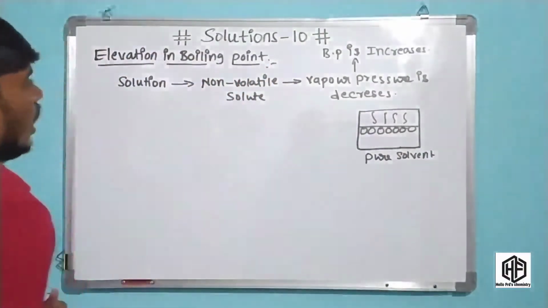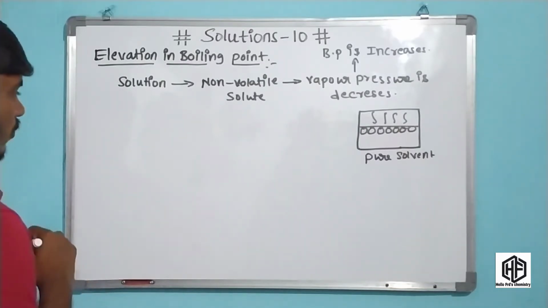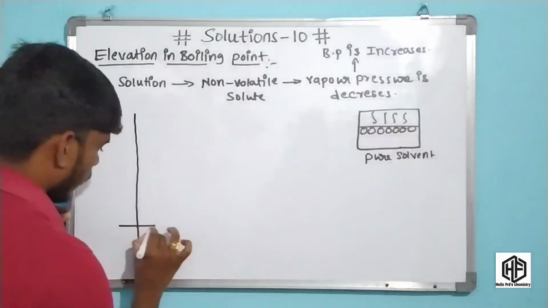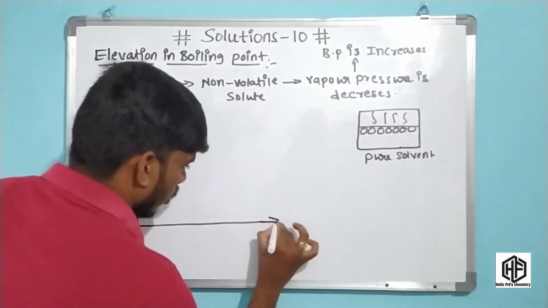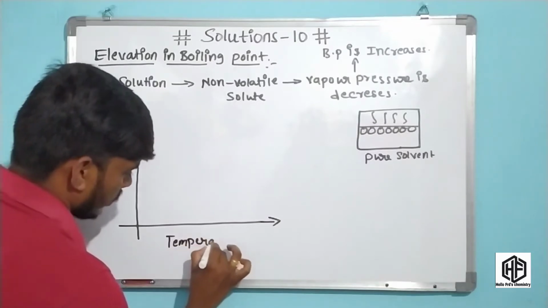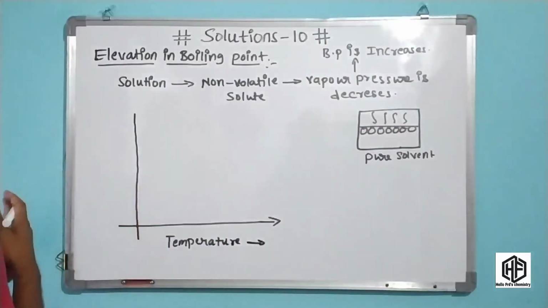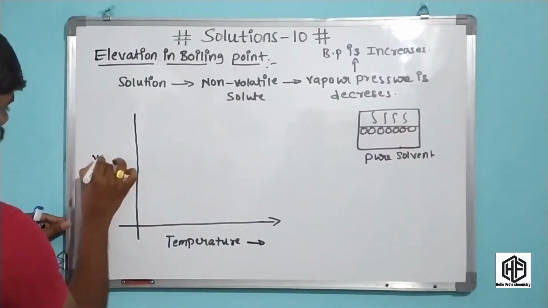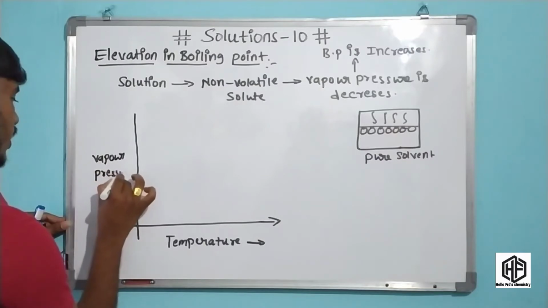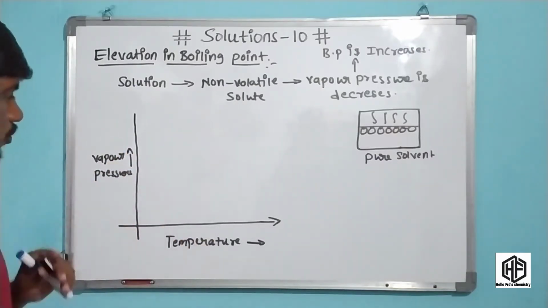Now what is the graph representation of this elevation in boiling point? Okay friends, first of all, this axis is the temperature and this axis is the vapor pressure. This is the vapor pressure and temperature graph representation.